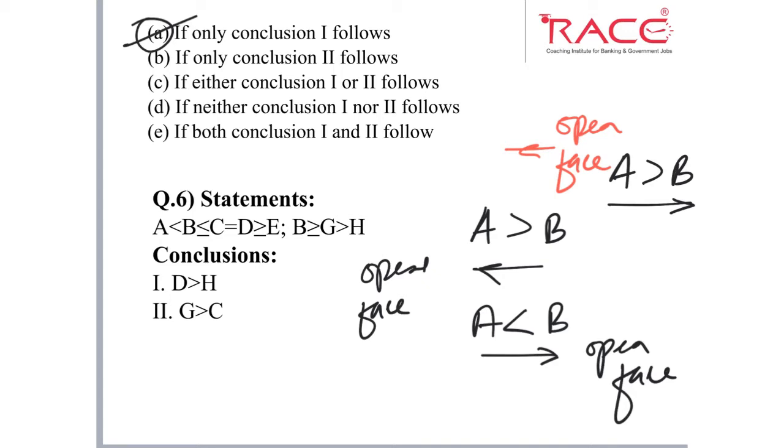I will show how we conclude it. So this is wrong. In that case the conclusion will not be true. In this case, if the open face and the arrow are in the same direction, it means the conclusion will follow. Okay, so this is how we do it. So let's apply it on the statement.